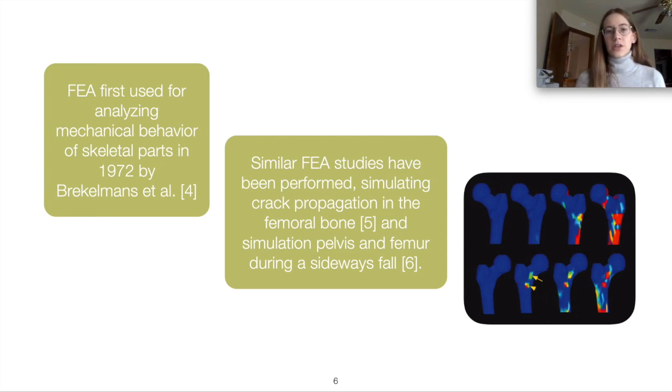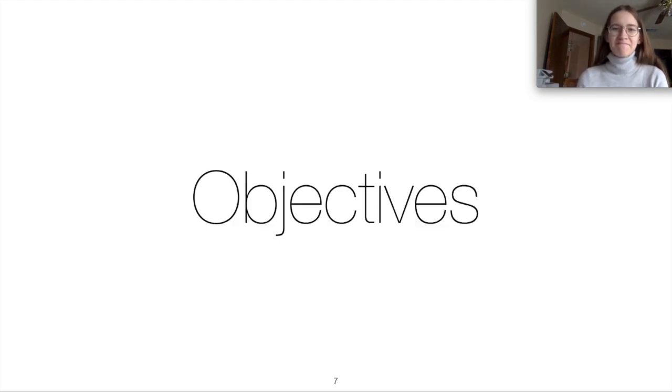There are some papers on crack propagation in the femoral bone, simulation of a sideways fall, and all of these have citations. I'll put them in the description below, and there's also a final slide that has all of these references. This little image is actually a screenshot from the paper that discusses the crack propagation in the femoral bone, and you can see how they did that.